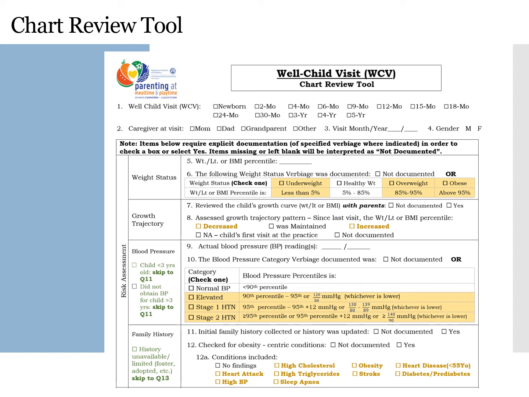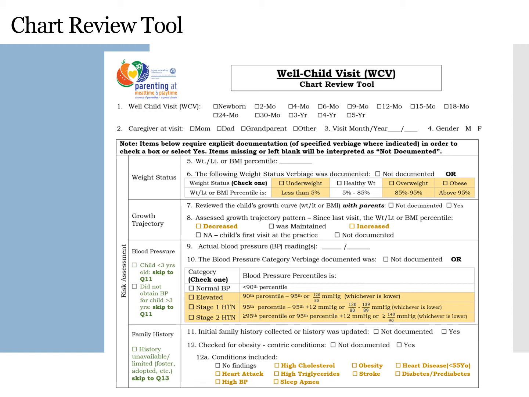Growth trajectory builds upon the weight status, so interpreting and assessing what that child's growth curve looks like and having a conversation about that with the parents. You're looking to see if you've had documentation of review of this child's growth curve and that conversation with the parents about the curve. Question 8 is assessing that pattern of growth trajectory.